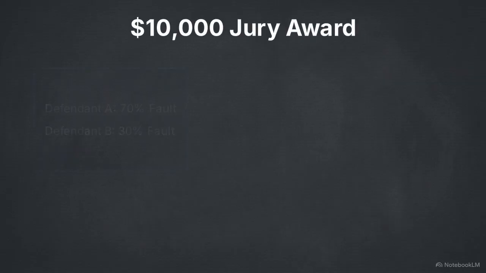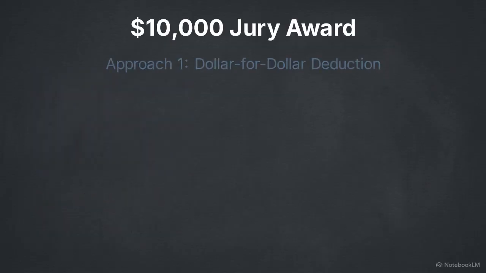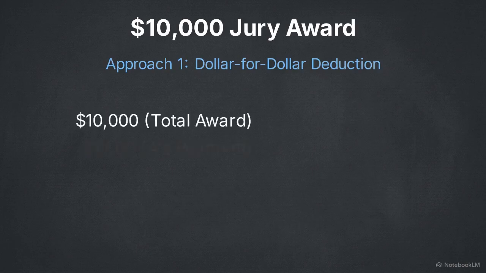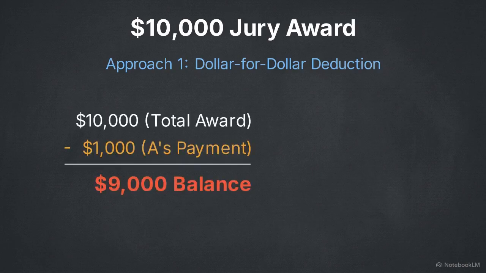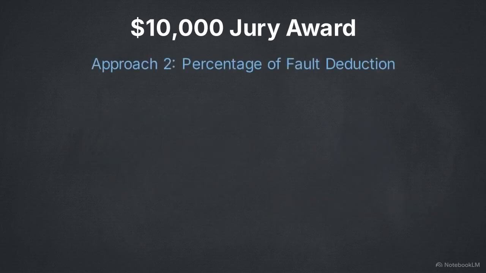This ledger tracks how different approaches impact a $10,000 jury award. In this hypothetical, Defendant A is 70% at fault and Defendant B is 30%. If Defendant A settles early for a low offer of only $1,000, they are removed from the trial regardless of their final assigned fault. Under Approach 1, the jurisdiction dictates a strict dollar-for-dollar deduction.